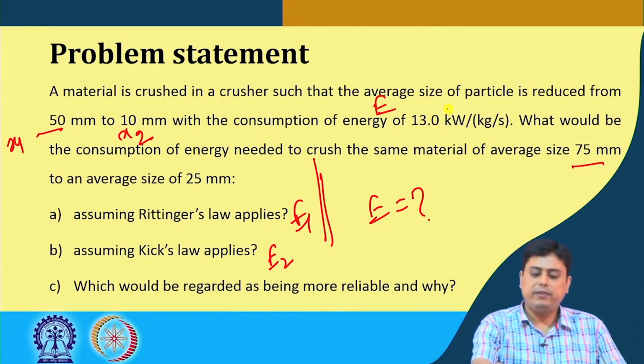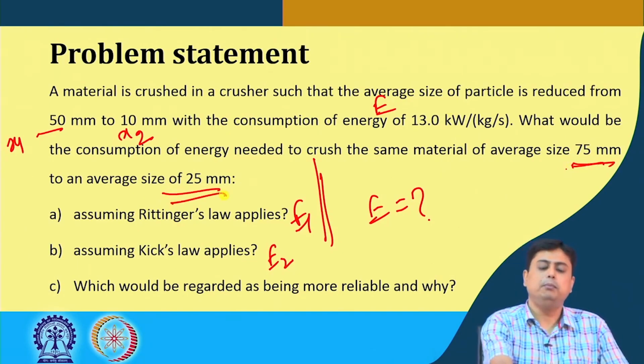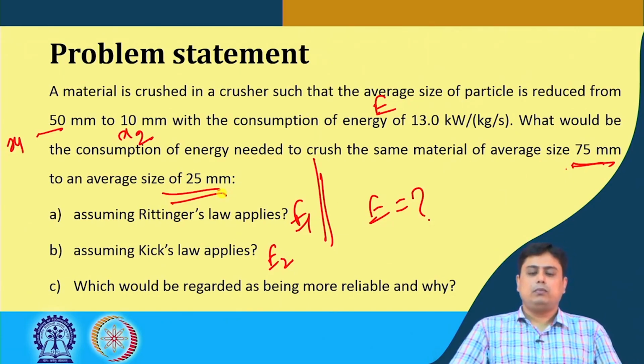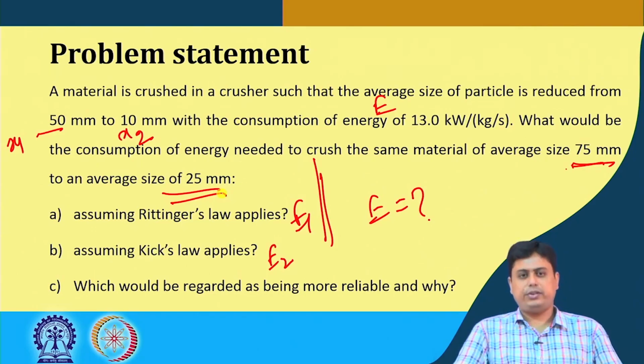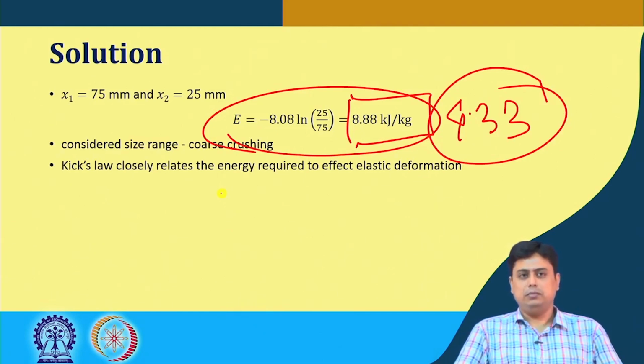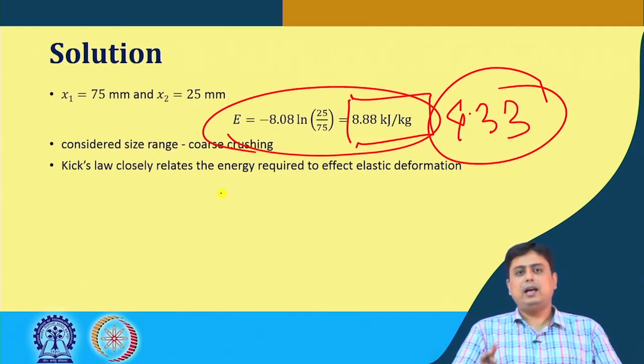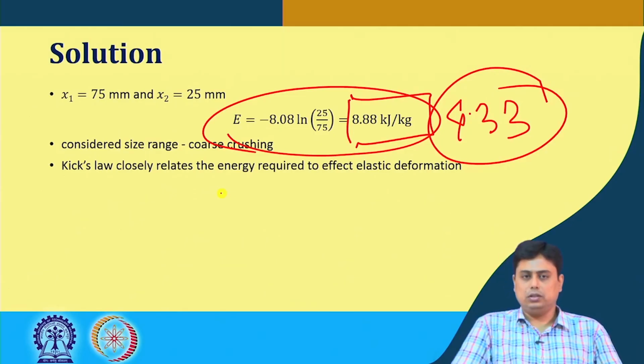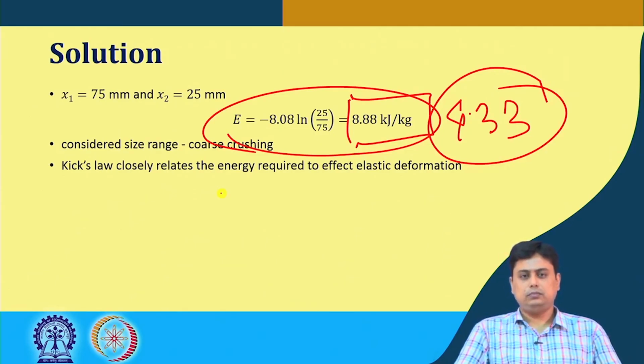From 75 to 25 millimeter, it is not considered as a range of fine particles or generation of fine particles. It is a coarser grinding. That means the Kick's law prediction is much more reliable, because it closely relates to the energy required to effect the elastic deformation before the fracture occurs, which leads to finer particles.